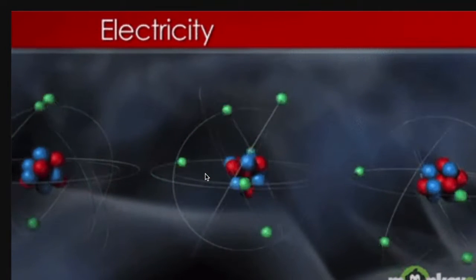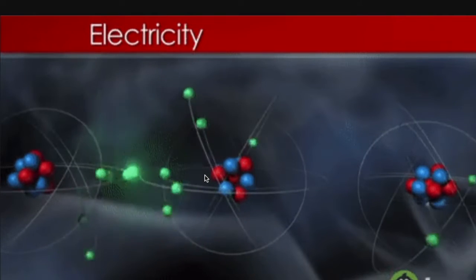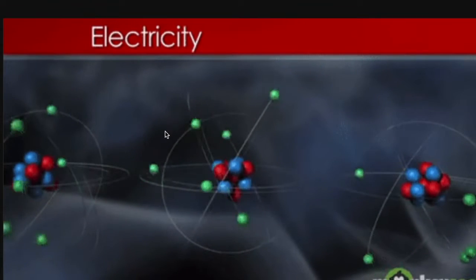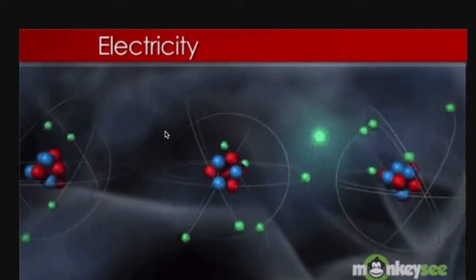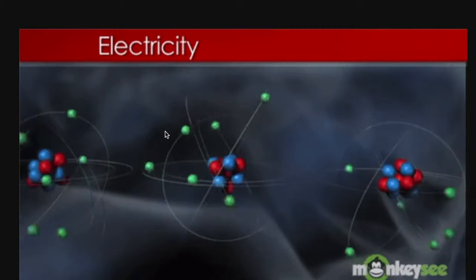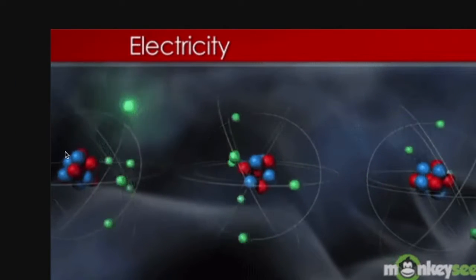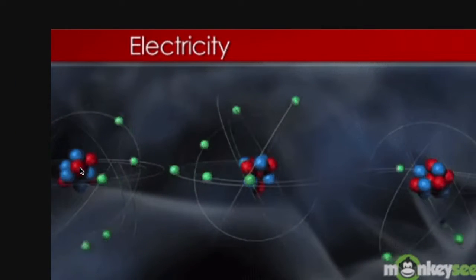So how does electricity travel, and why does it travel in a wave? Because these atoms here represent the copper wire. So when you have some electricity traveling through a wire that you plug into your wall, what's happening is the packets of energy, it's a little bit of chemistry.